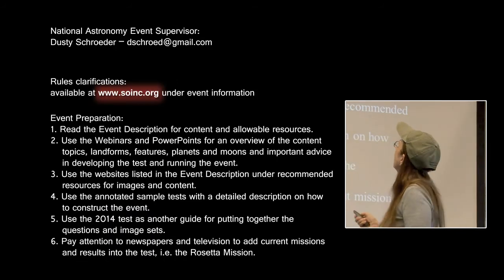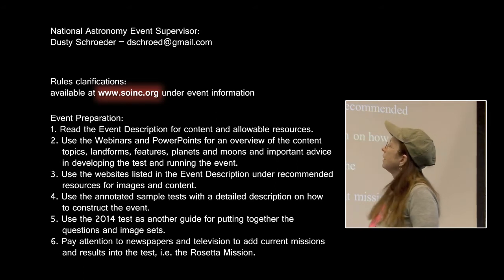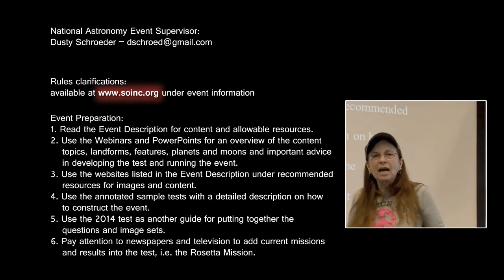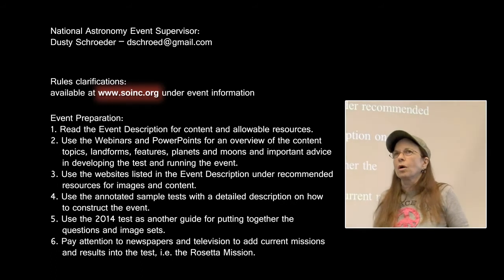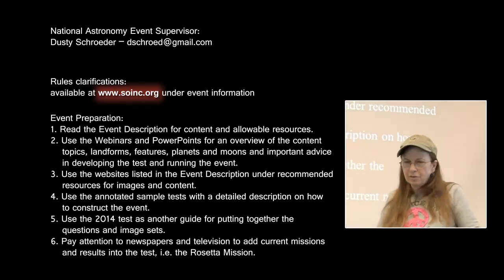So, if you have any question about the event, anything that's ambiguous, or you're not quite sure of the description, what it means, this or that. Sometimes, for instance, a feature that's listed will have a second name.